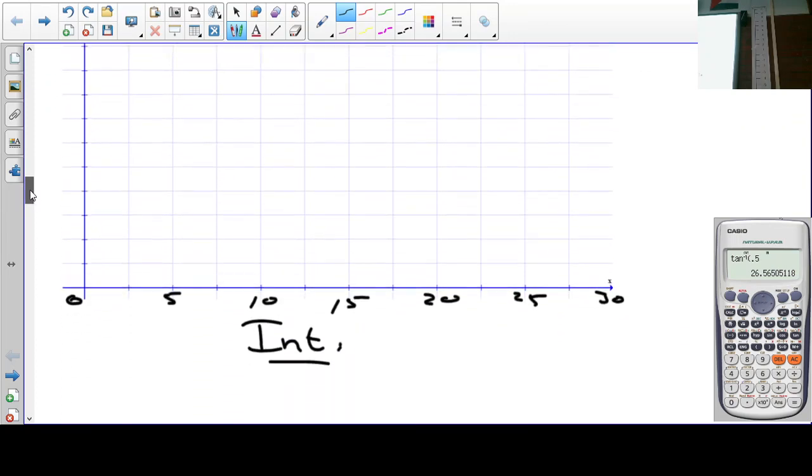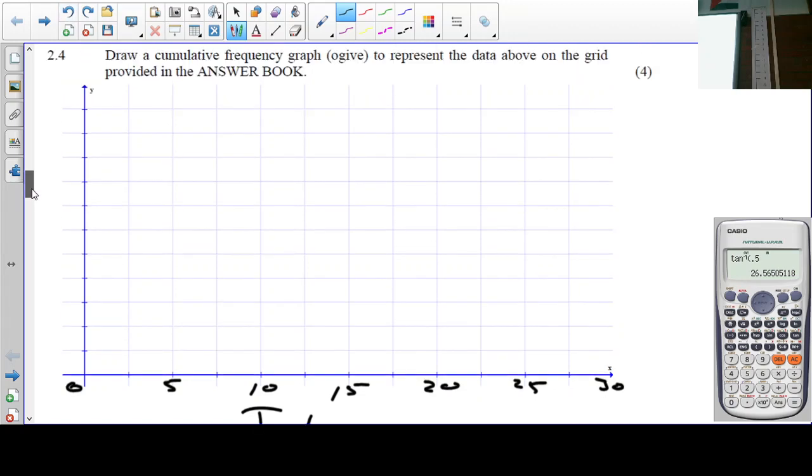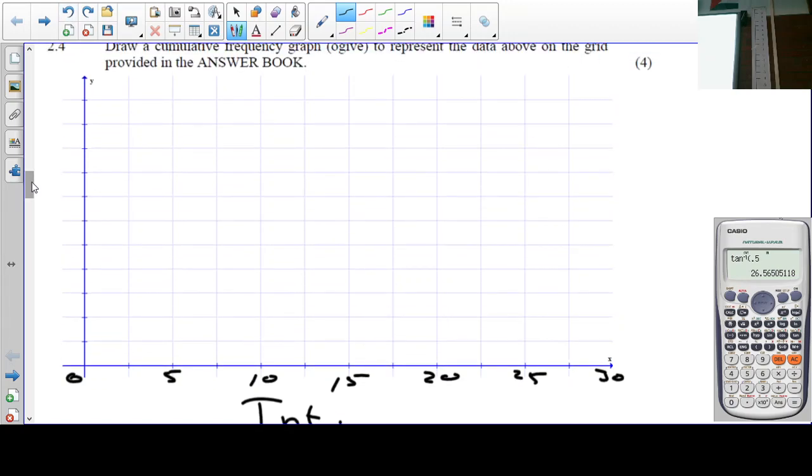So yes, that is enough. We always try and use the most of the axis all the time. So the bigger the graph is, the more accurate the graph would be. So your interval there is going to 30.